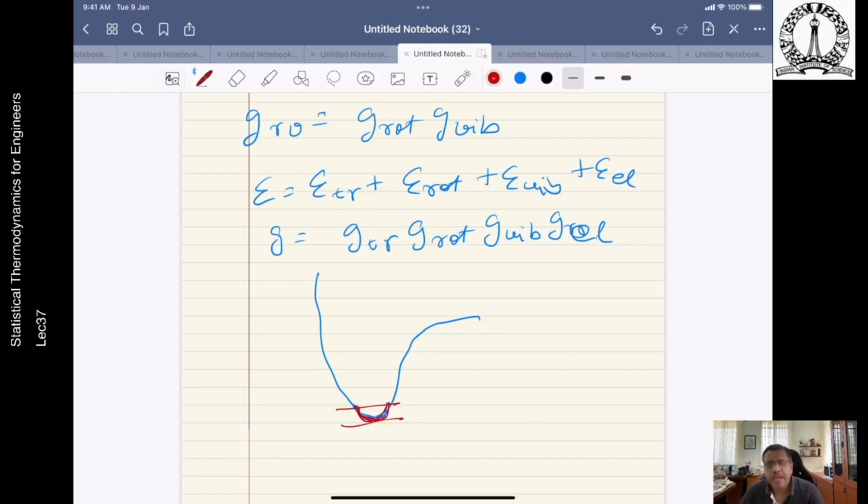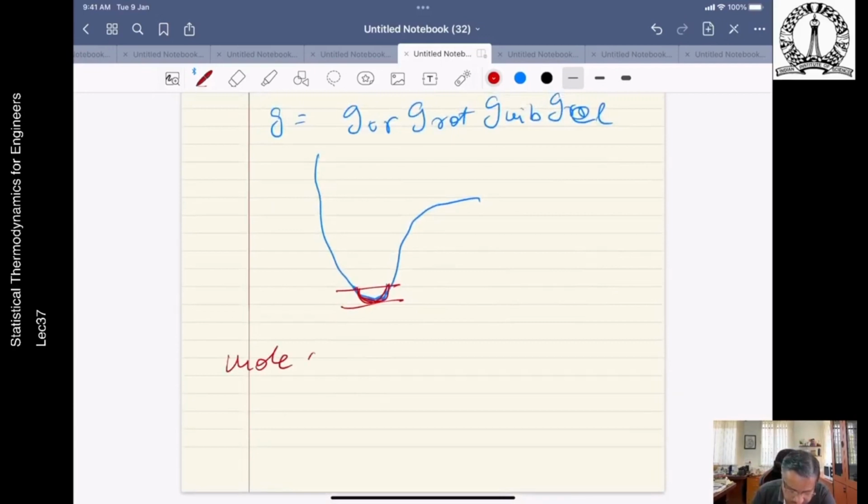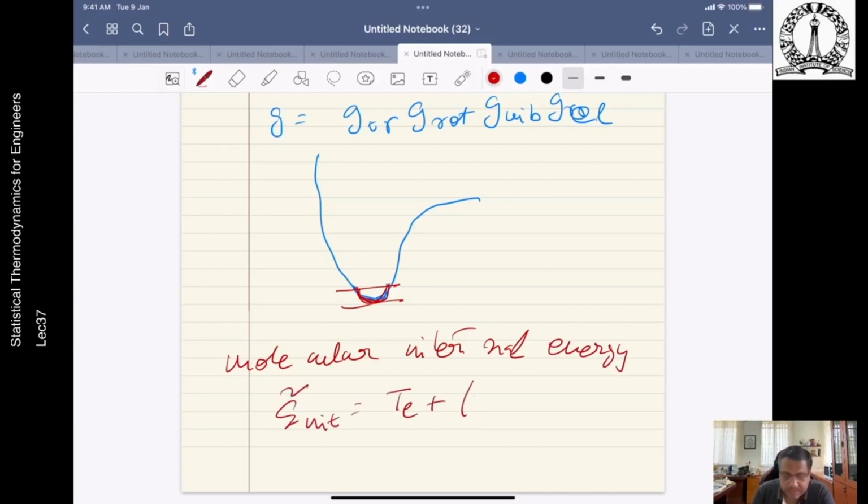So all these three prescriptions were what was needed to solve this particular problem. Armed with this, we wrote the total energy, or the molecular internal energy, in terms of the wave number. The internal energy is T plus E plus one half plus F(J).